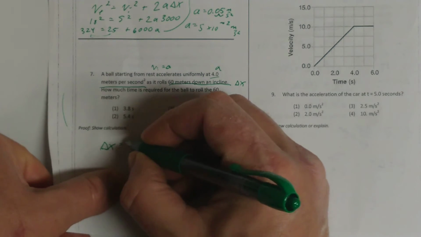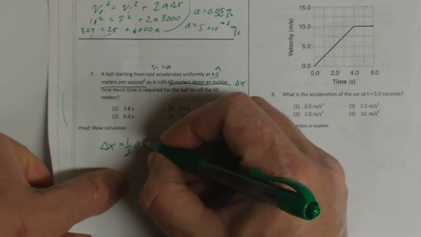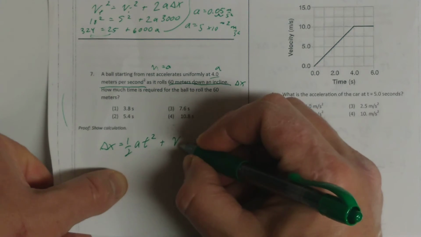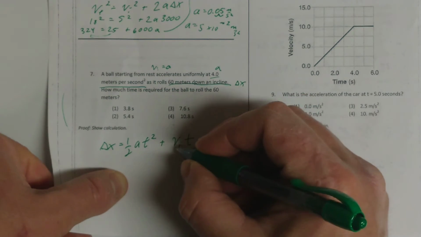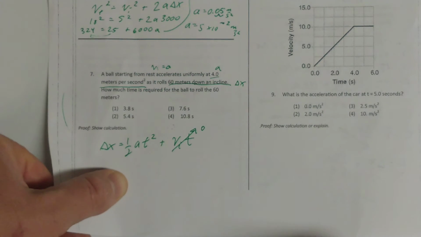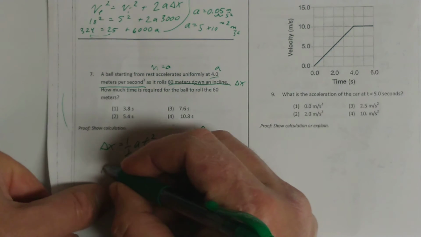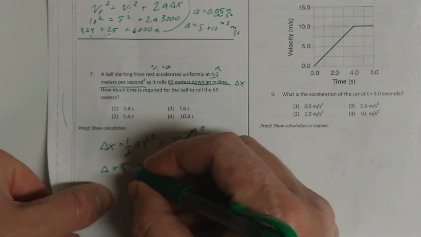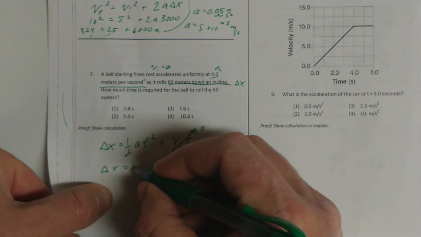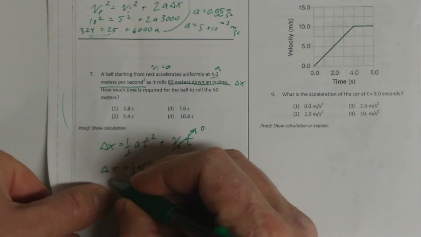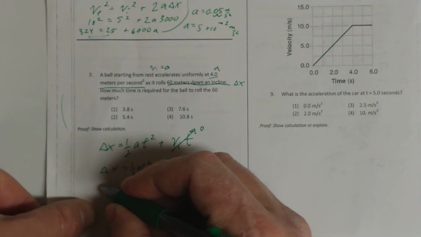So delta X equals 1/2 AT squared plus V initial T. All right, that term goes to 0 because initial velocity is 0. Delta X equals 1/2 AT squared. Delta X is 60 meters.